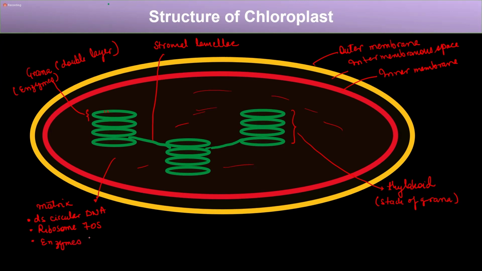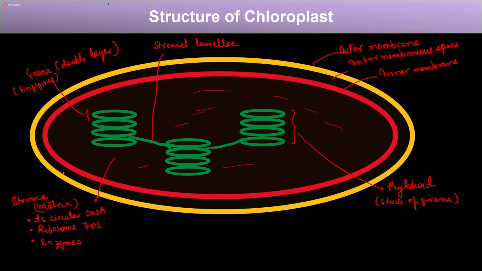The matrix of the chloroplast is known as stroma. So this is what we saw about the structure of the chloroplast.